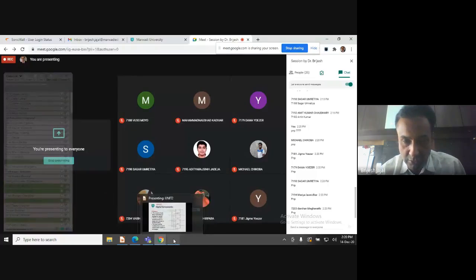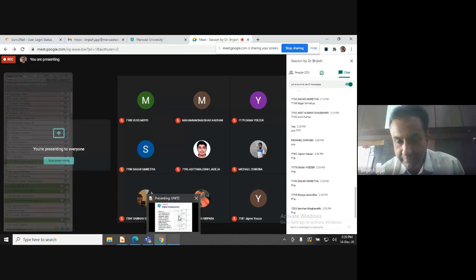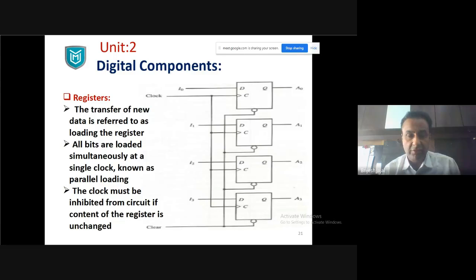I am going to show you the diagram one more time. Have a look. I'll give you 1 minute, not more than that. Go through this, please. Then everyone has to show me.